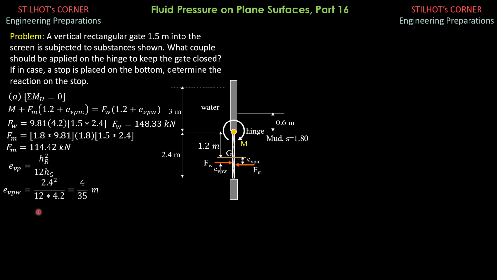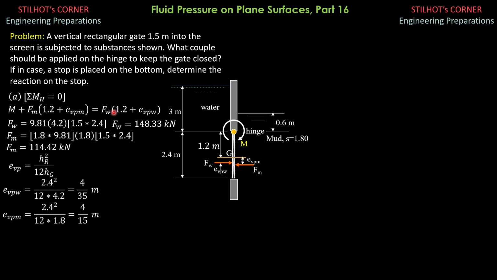e sub VPM is 2.4 squared over 12 times 1.8. h_G of mud is 1.8, 0.6 plus 1.2, 1.8. It's also 4 over 15 meters.